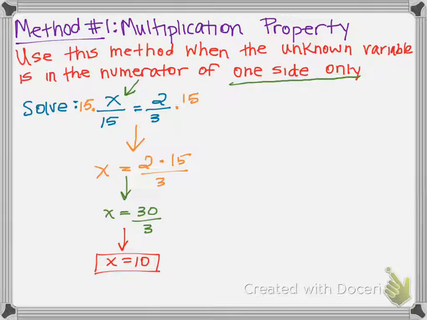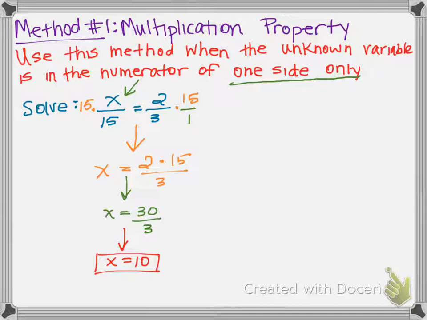The reason for that is because technically that 15, any whole number, is an invisible fraction over 1. And when we multiply fractions, you multiply the numerators together and the denominators together. So I did the 2 times 15 on top, and technically I did 3 times 1 on bottom, but that makes it stay the 3, so I don't even need to see that 1 in the future.